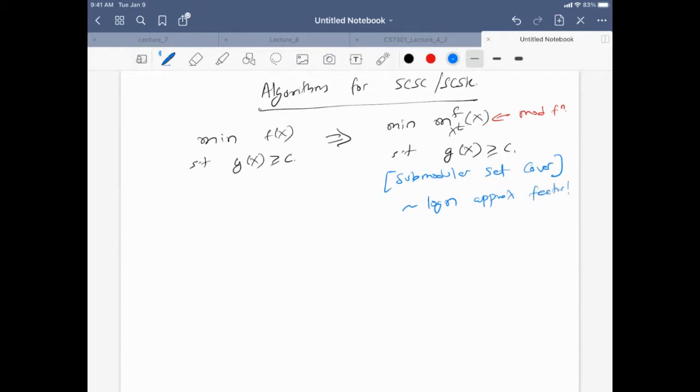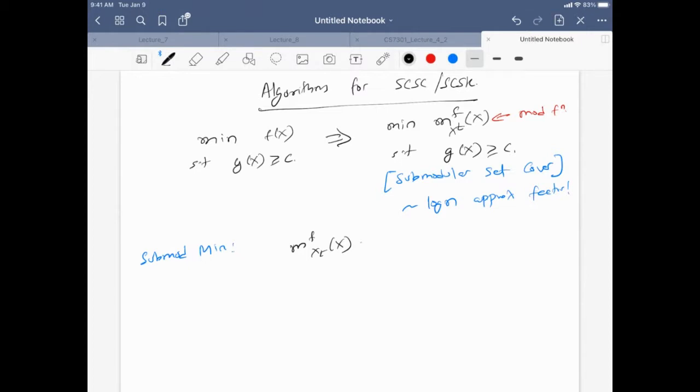right? So we can combine this to provide, similar to what we saw in constrained submodular minimization, the same approach, that these modular upper bounds actually approximate the submodular function.